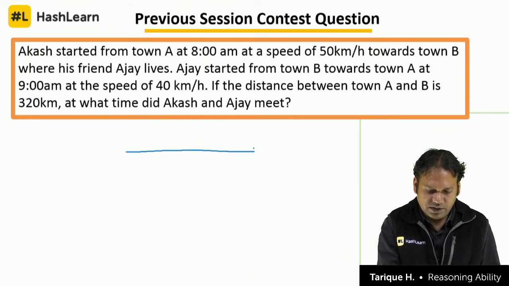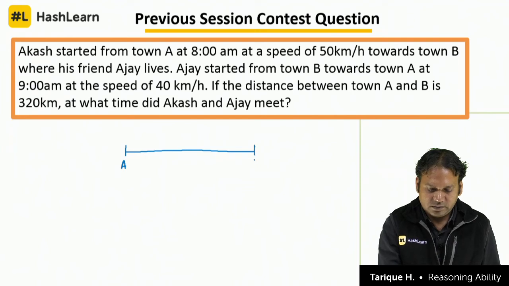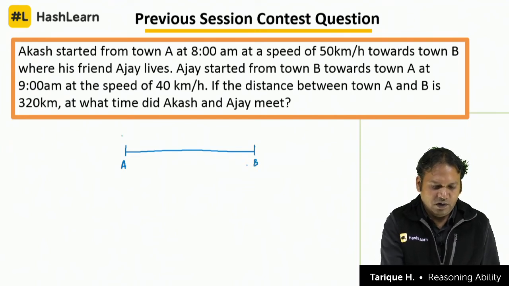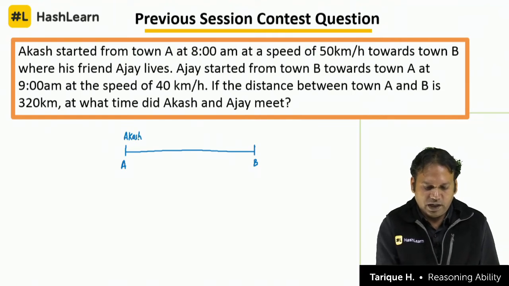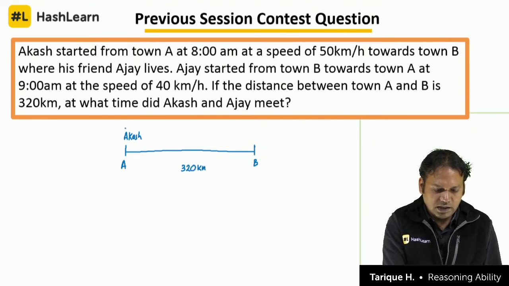So, we have two towns here, A and B. First of all, Akash starts from town A, and the total distance is how much? 320 kilometers. Akash starts from town A at a speed of 50 kilometers per hour.